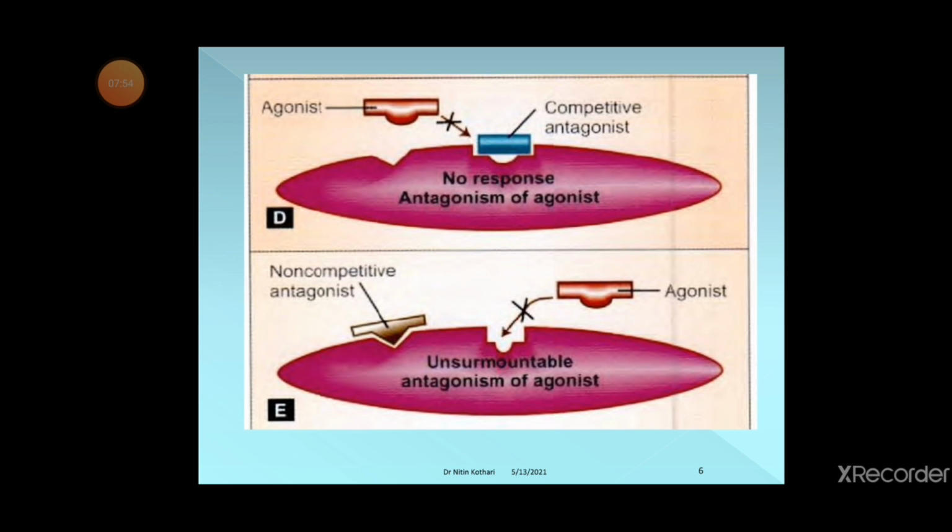But binding of non-competitive antagonist to the allosteric site causes chemical modification to the agonist receptor site. And because of this chemical alteration of this site, agonist cannot bind to its receptor site. So this is non-competitive antagonist.